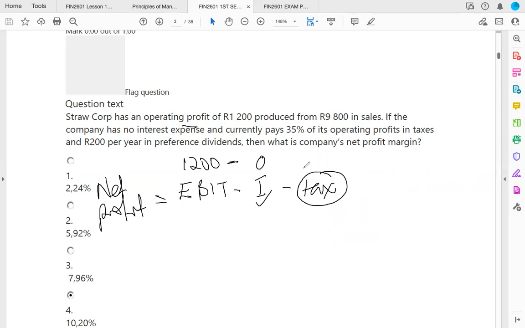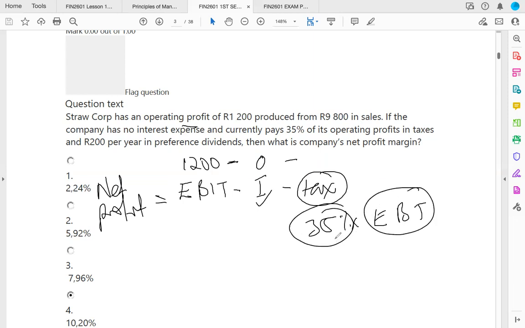What is our tax? It pays 35% of its operating profits. So our tax is going to be 35% of the earnings before tax. That's going to be our tax expense. So if we have our EBIT of 1,200, we can subtract the interest, and then we get the earnings before tax.